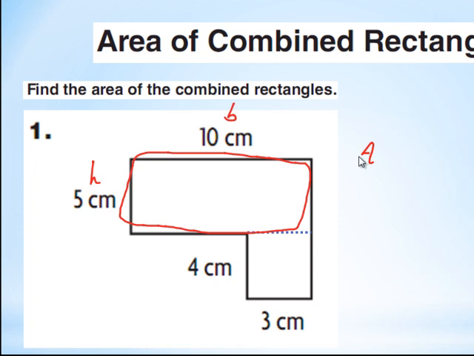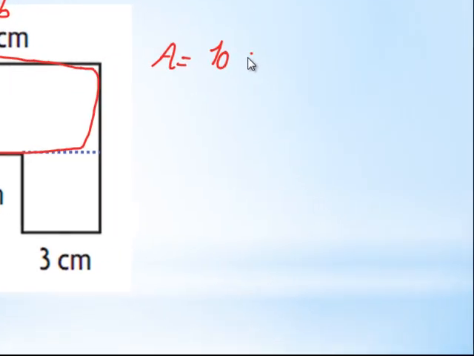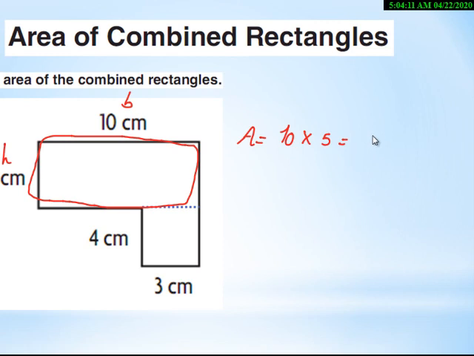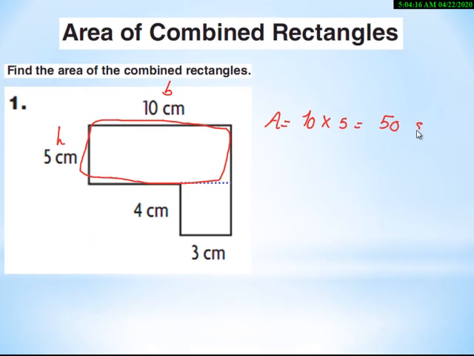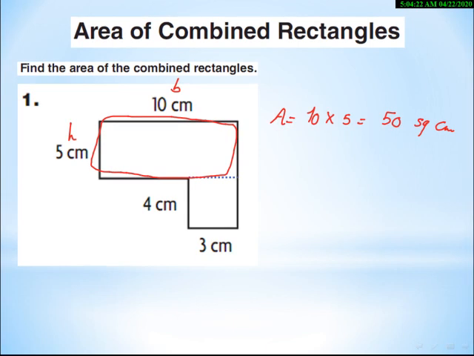So the first rectangle's area equals base times height, 10 by 5 equals 50. 50 what? 50 square centimeters. And the second one, its base equals 3 centimeters and its height equals 4.